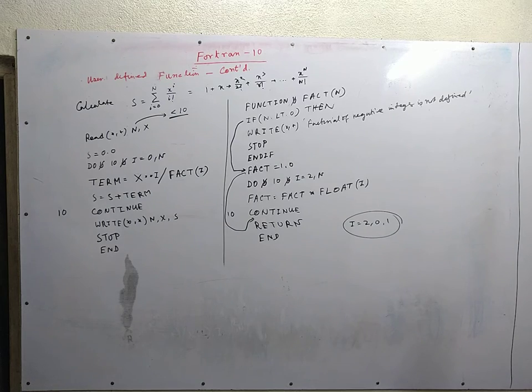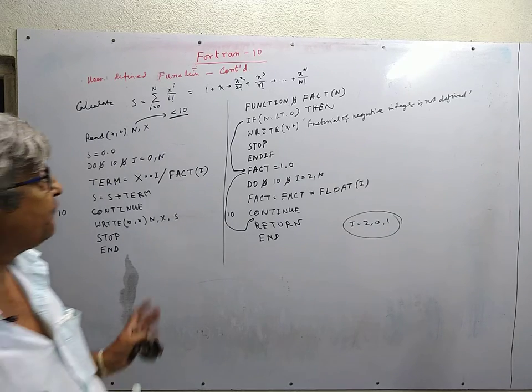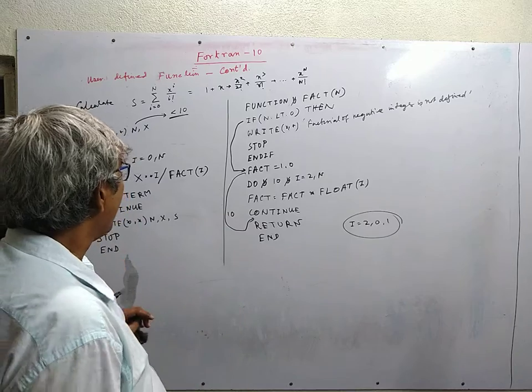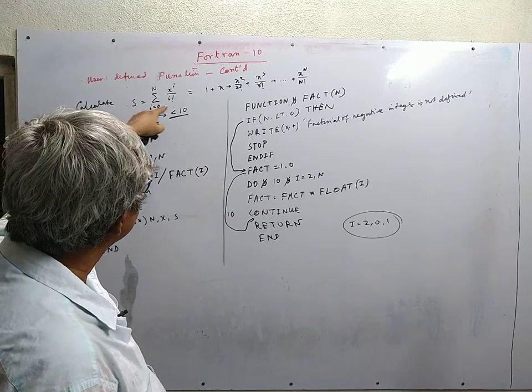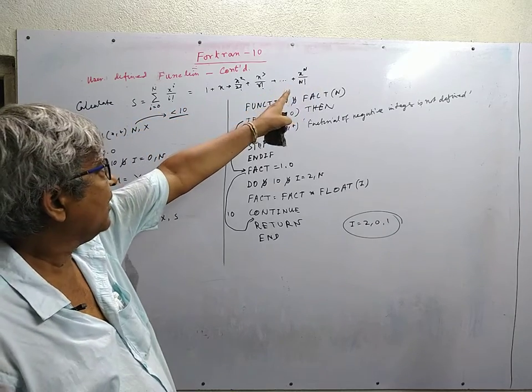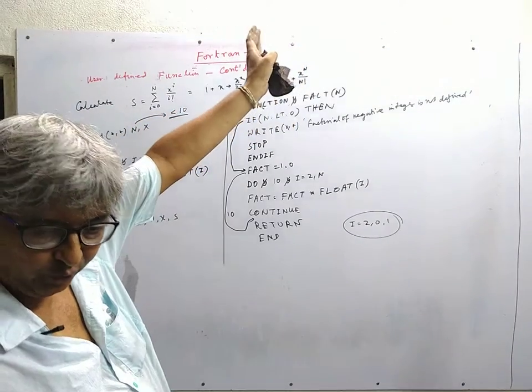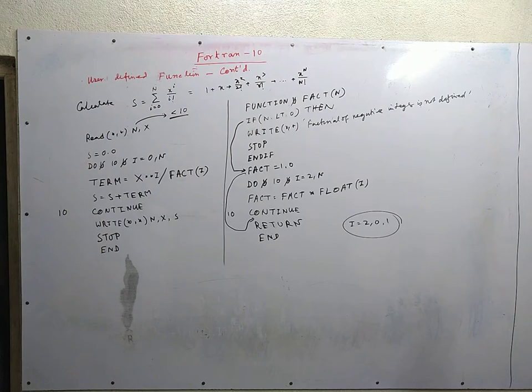But remember that factorial 10 is a very large number, and if you want to calculate this in this fashion, say more than 10 to 12 terms, the entire calculation will go wrong. I will show in a future class how to tackle such things.